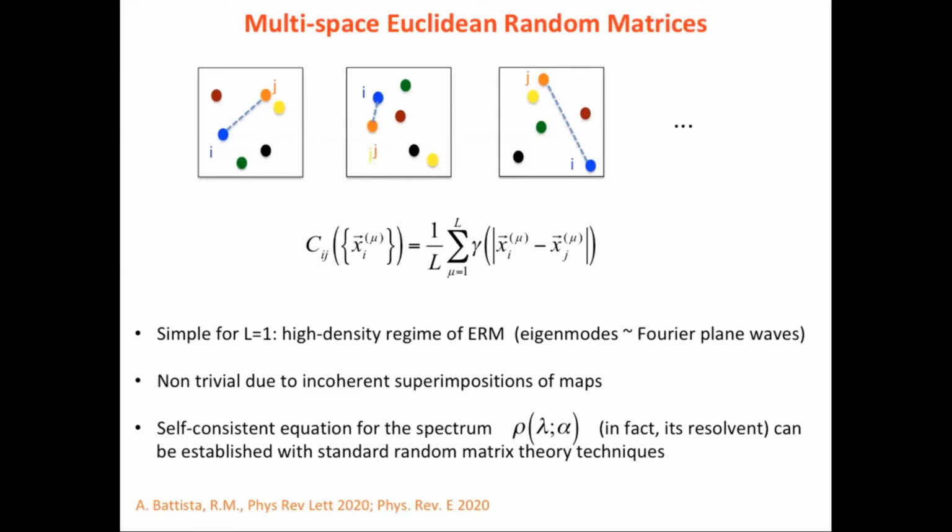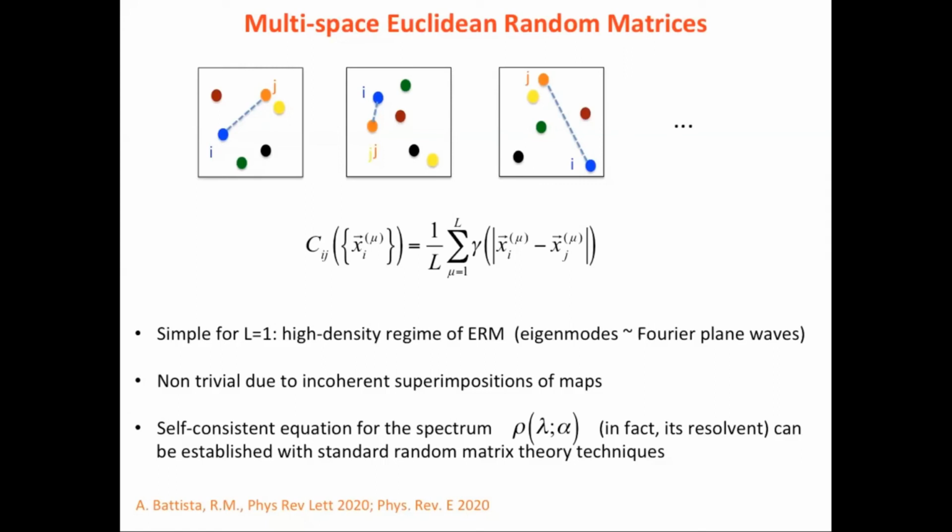Now we cannot consider simple Fourier plane waves anymore, because we have a non-coherent superimposition of maps. Yet the spectrum rho of lambda of this random matrix can be solved analytically. What can be found is its resolvent, the trace of the inverse of Cij minus mu times the identity matrix, and this can be established with standard random matrix theory.